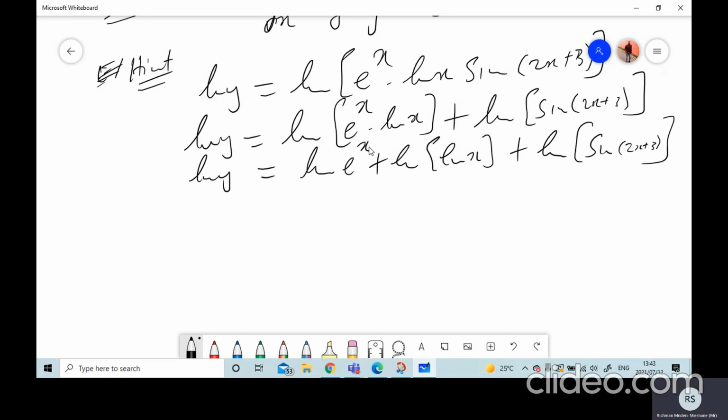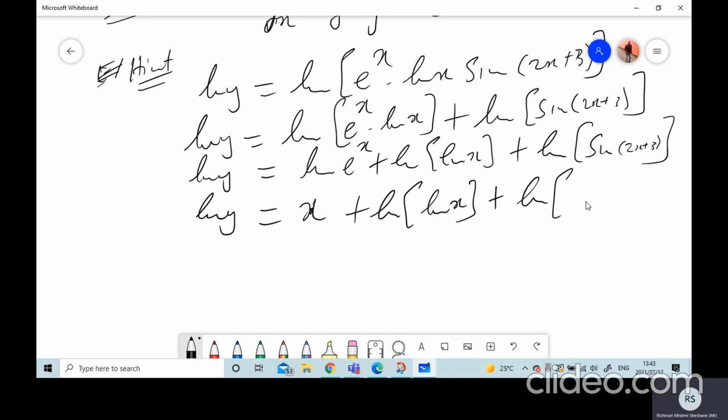So ln of a to the r, I can take r here. So ln of y equal to x times ln e, which is 1. So it will be x times 1 plus ln of ln x plus ln of sine of 2x plus 3. Okay, so I want you to continue.